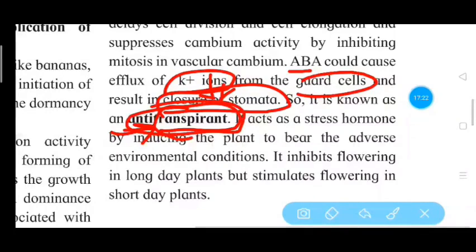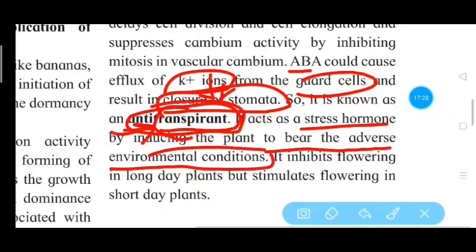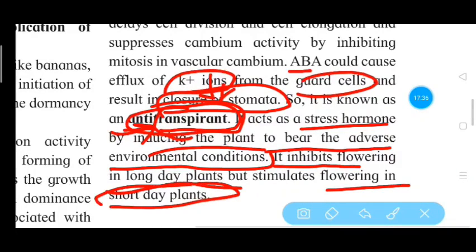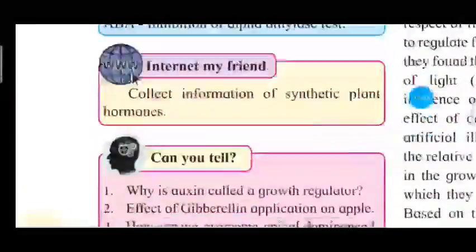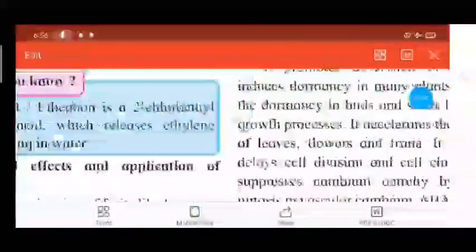It acts as a stress hormone by inducing plants to bear adverse environmental conditions. It inhibits the flowering in a long day plant but stimulates the flowering in short day plant. In this way, it is the growth inhibiting hormone.